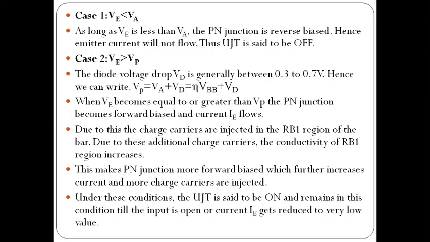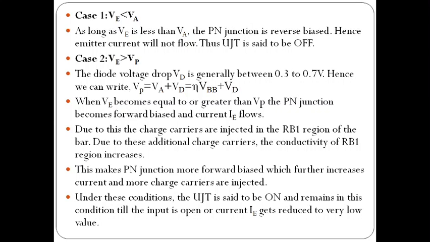Under this condition we can say the UJT is in on state, and it remains in this condition until the input is open or the emitter current gets reduced to a very low value.